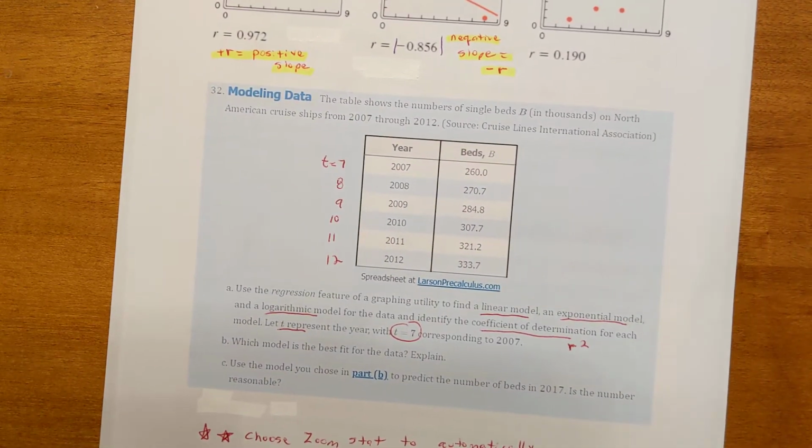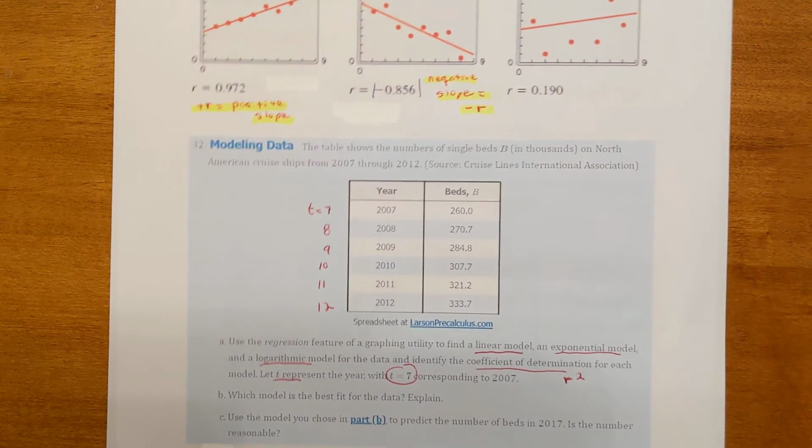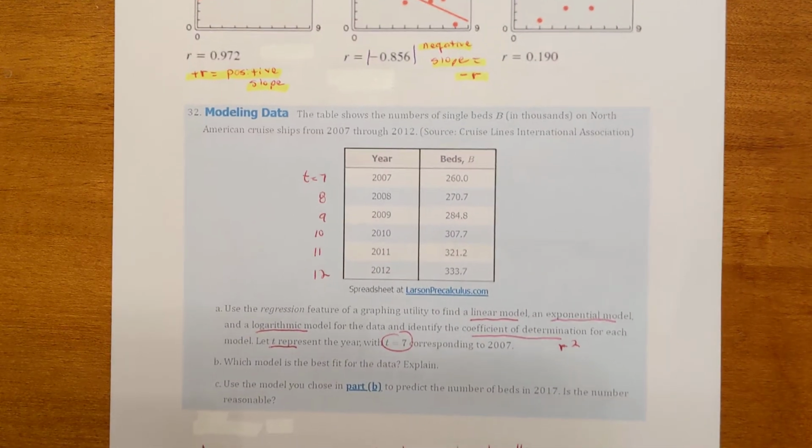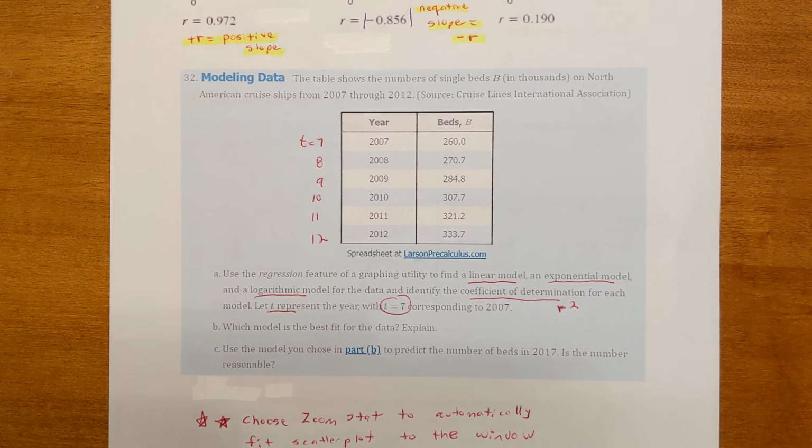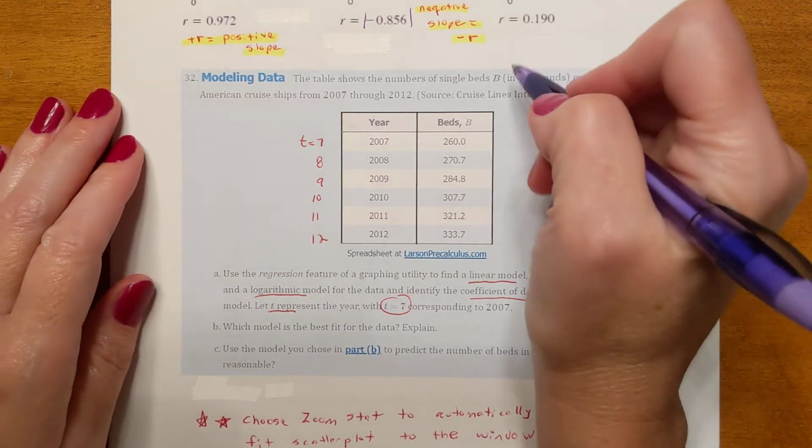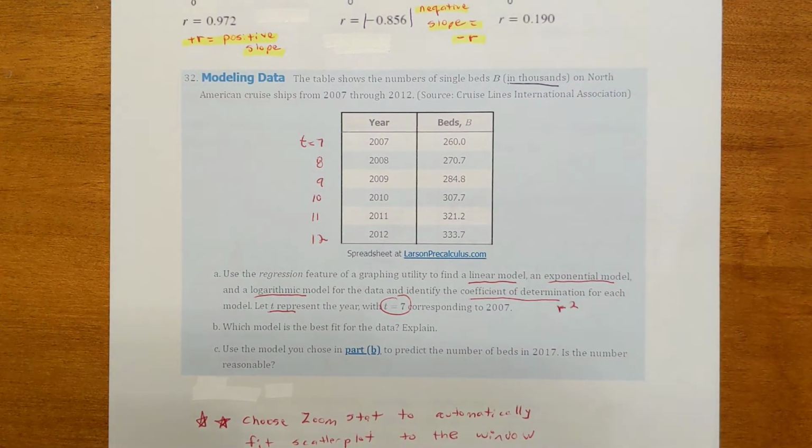All right, so taking a look here, we've got one question to do, and it's going to take us a long time because I'm going to go over all kinds of things with you on it. It says modeling data. The table shows the number of single beds, capital B, in thousands. Notice it says in thousands, on North American cruise ships from 2007 to 2012.